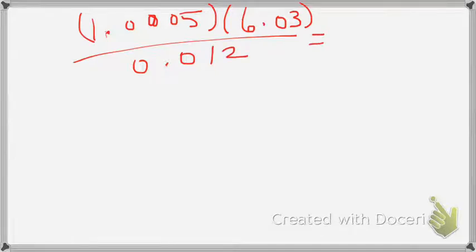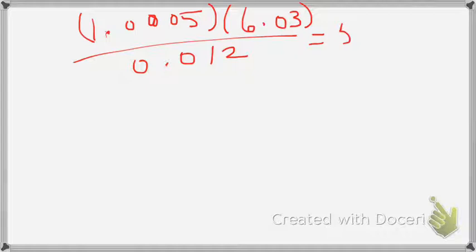So first, let's enter it into the trusty calculator. Make sure you bring your calculators to class. 1.005. I'm sorry, I've already made a mistake. 1.0005 times 6.03. Divide that by 0.012.